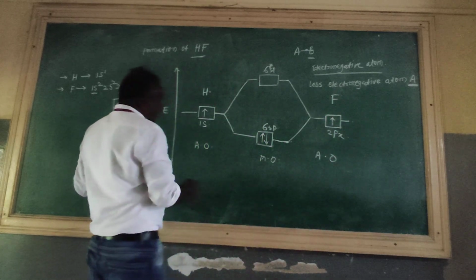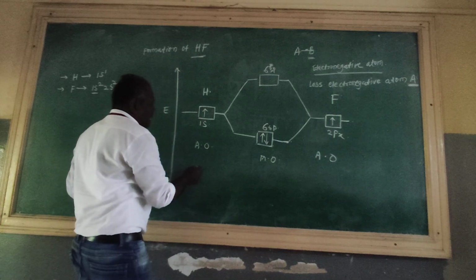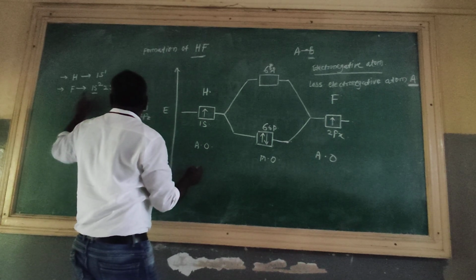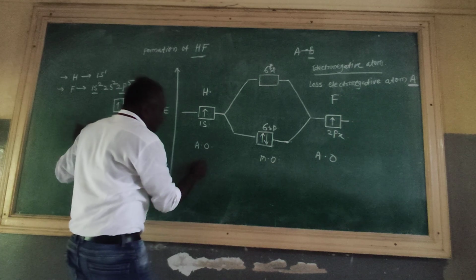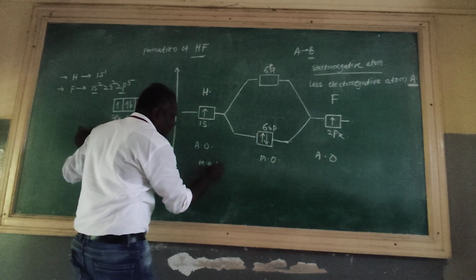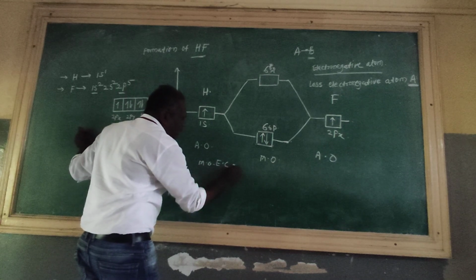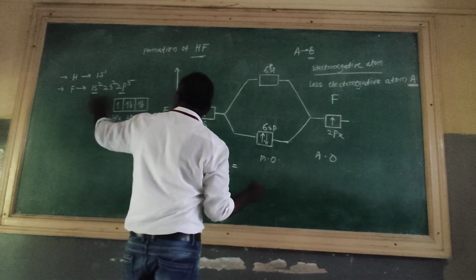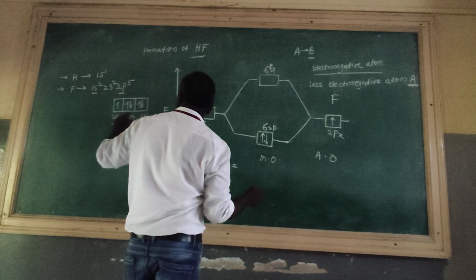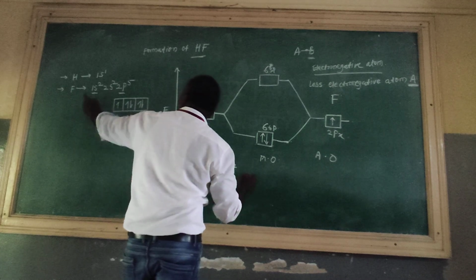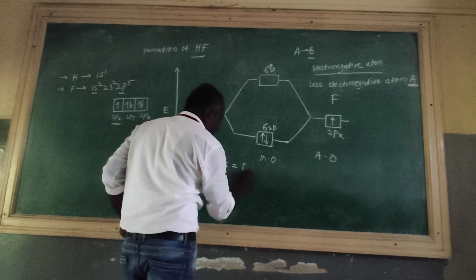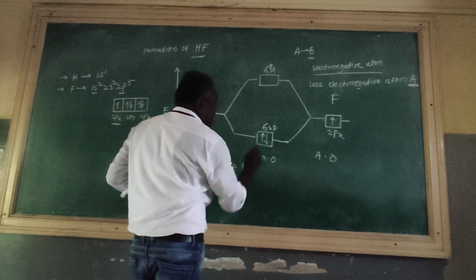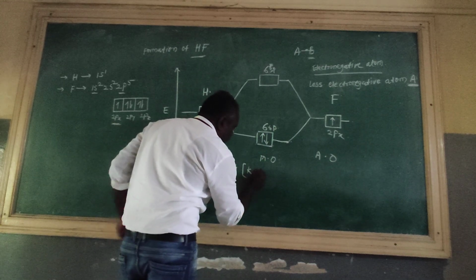Therefore, the molecular orbital electronic configuration will be, neglecting the 2s, 2py and 2pz electrons, K is written for the fluorine atom. Therefore, K sigma sp2.